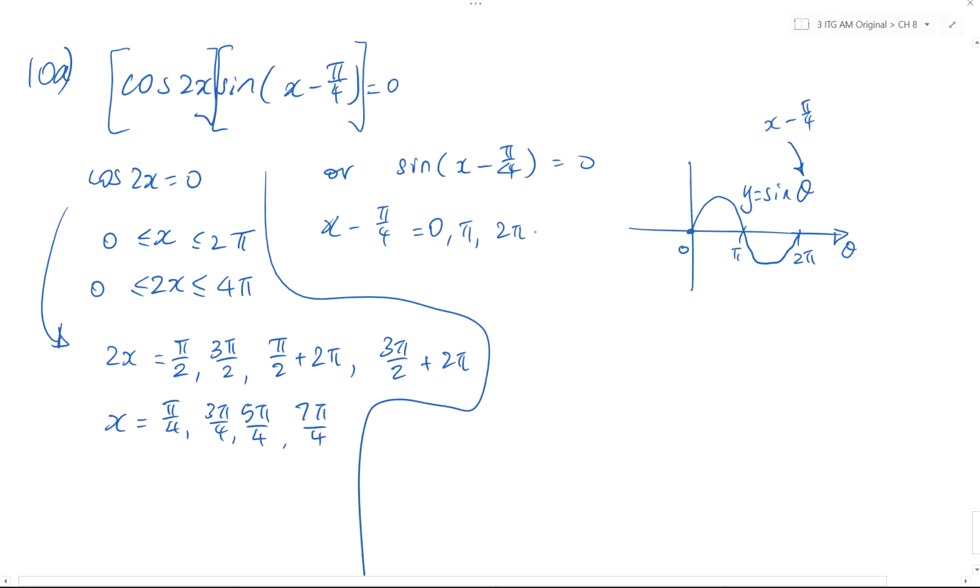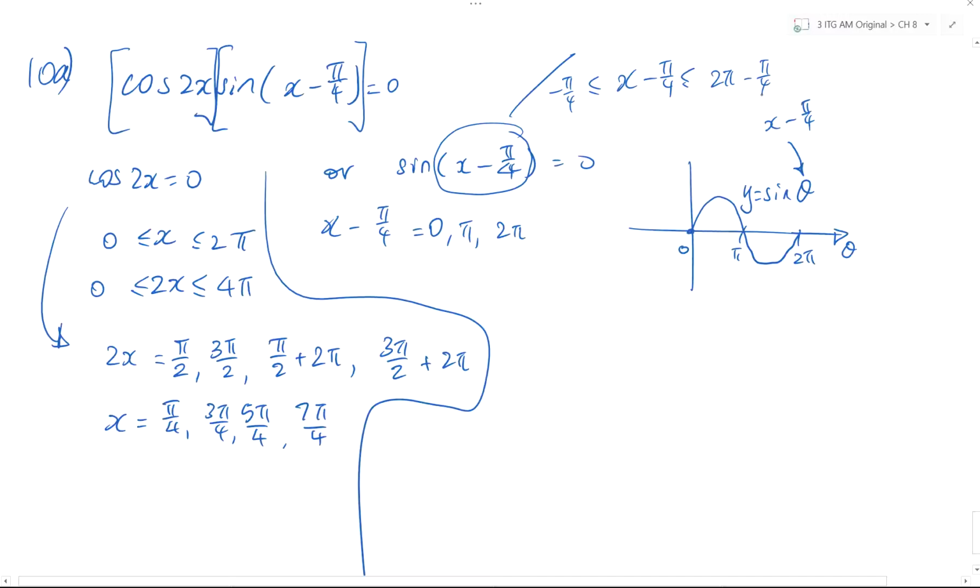Now take note, again we have the range over here. Since x is between 0 and 2 pi, our range of x minus pi over 4 goes from negative pi over 4 to 2 pi minus pi over 4.